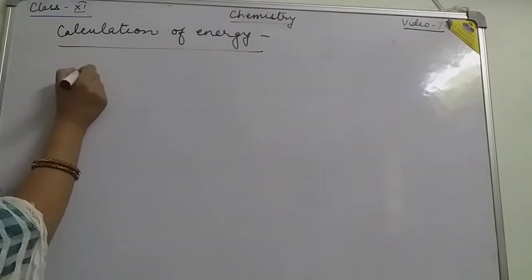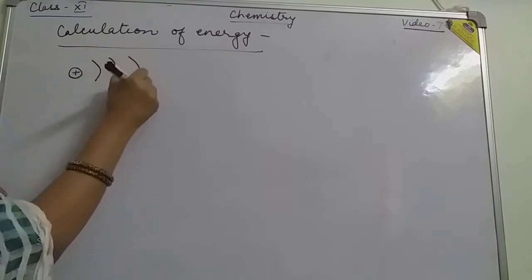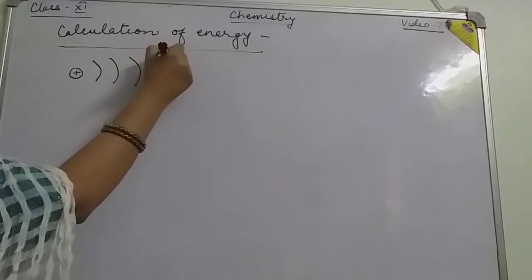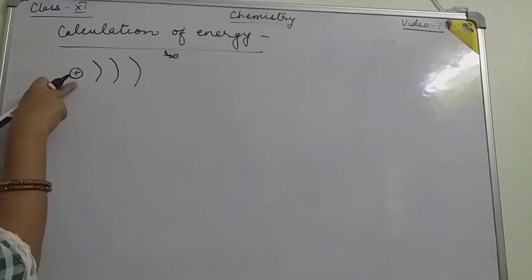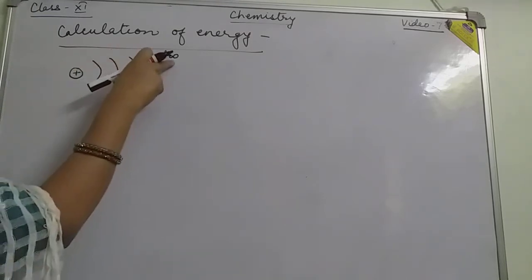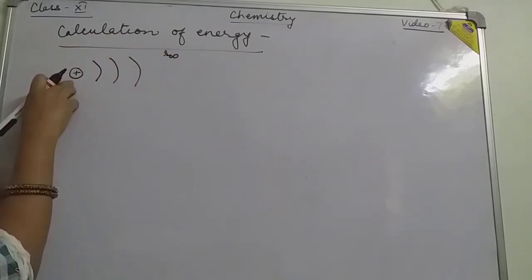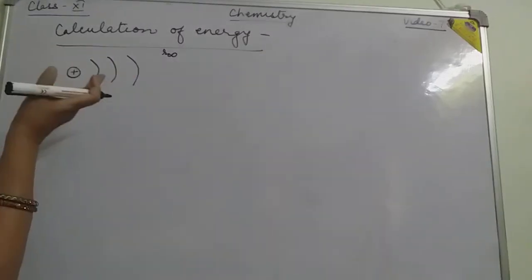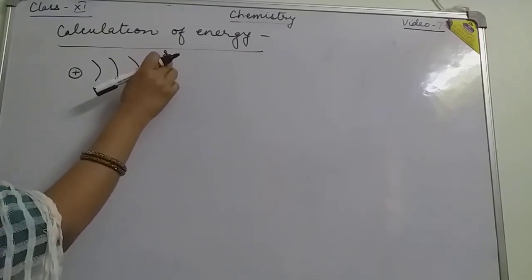First of all, consider an electron which is at infinity, where R is infinity. Infinity means that the nuclear force has no impact on this R, so this R is called infinity.